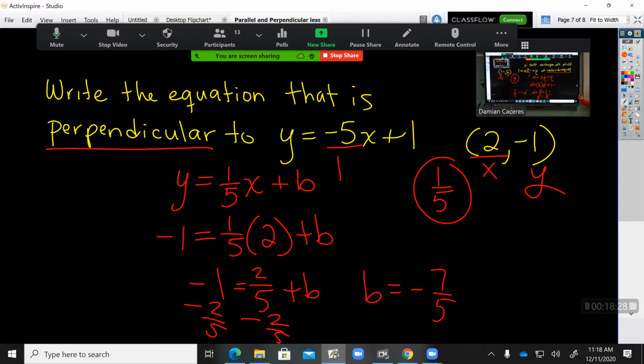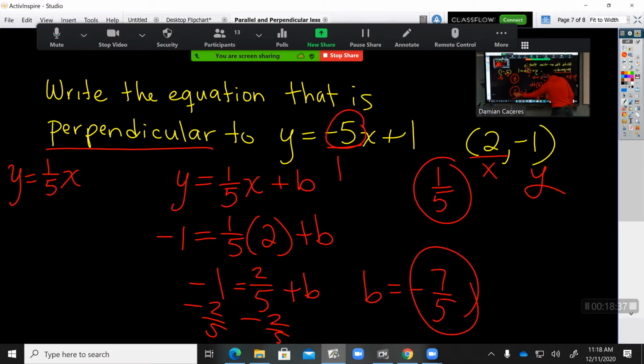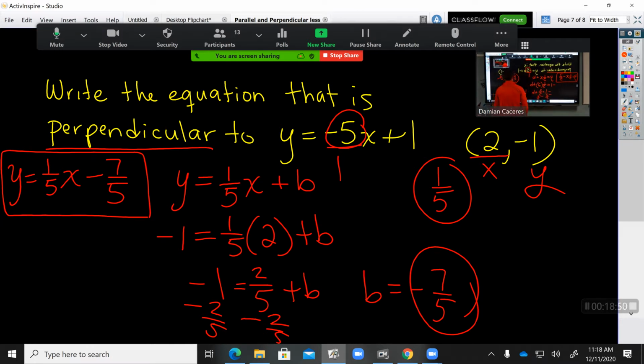So my new equation is going to be y equals 1 over 5x, the reciprocal of this slope, and your new y-intercept that you just got, negative 7 over 5. Any questions on that one before I let you try one on your own?